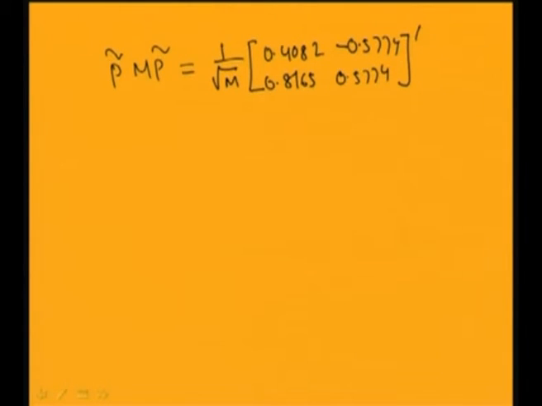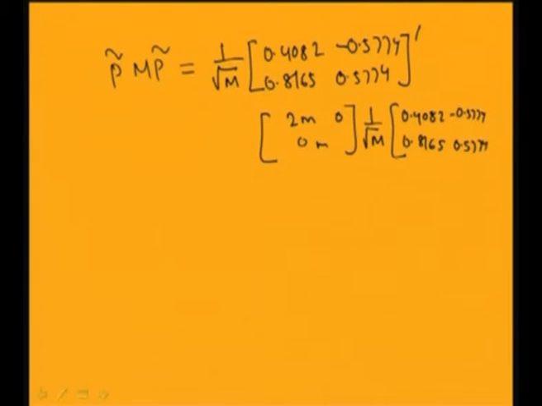So this transpose into M, equal to [2m, 0; 0, m], and into 1 by root over m into [0.4082, -0.5774; 0.8165, 0.5774]. If you multiply this, you can check that you are getting [1, 0; 0, 1]. Similarly you can check P weighted modal matrix transpose K P.